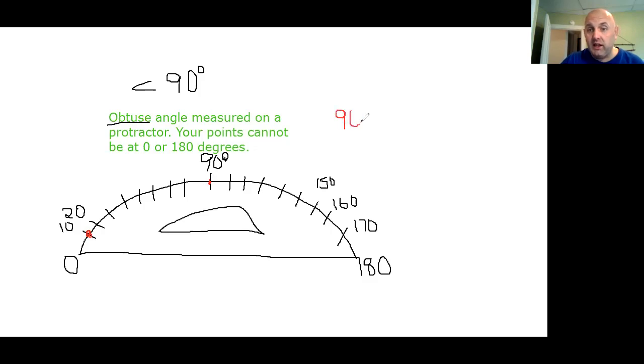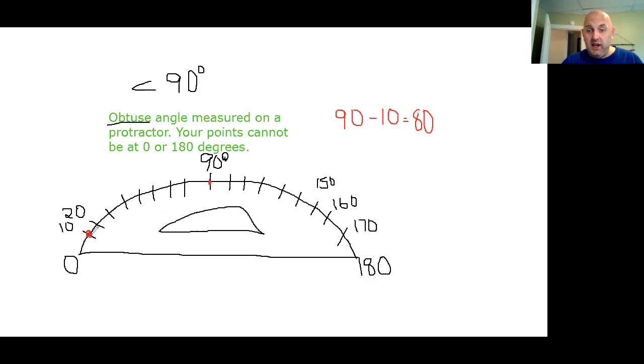So I would have 90 minus 10, which would be 80. And if I did 90 minus 10, which is 80, I don't have an obtuse angle, because my obtuse angle needs to be bigger than 90 degrees. So I would need to pick a bigger number.